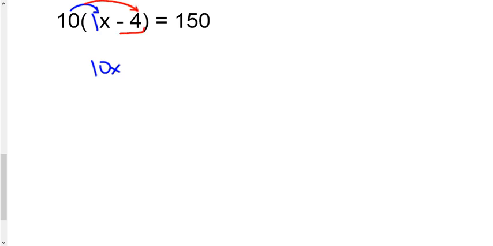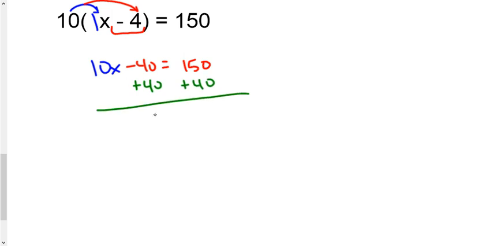But that 4 has a minus sign in front of it, so we're going to treat it like it's a negative 4. 10 times negative 4 is negative 40. And that's how we get around that situation, and then everything else is pretty routine. Get rid of the minus 40 first. Divide both sides by 10. And we're left with x equals 19.